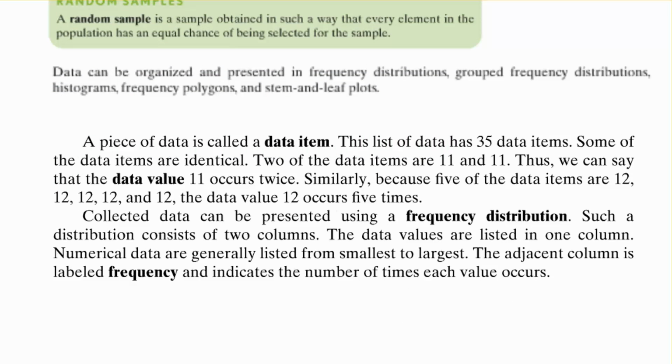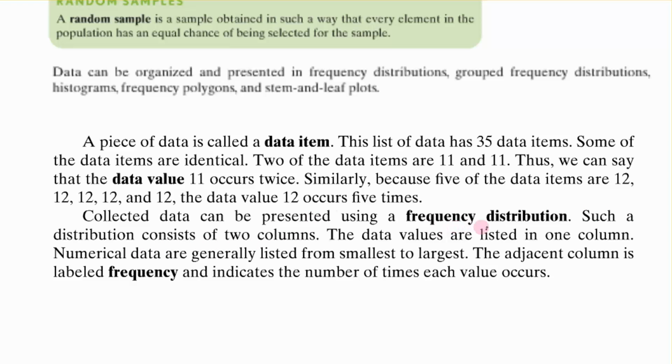A piece of data is called a data item. And this is from your book, so it mentions a few things that we can't really talk about. It has an example right here, but moving on, collected data can be presented using a frequency distribution. Such a distribution contains two columns.